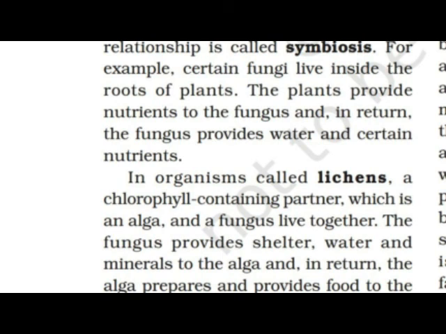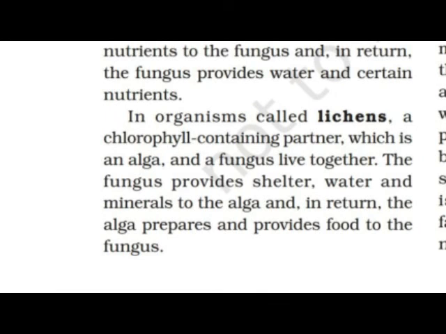The fungus provides shelter, water, and minerals to the alga, and in return, the alga provides food which is prepared by photosynthesis. It means the alga helps the fungus, and the fungus helps the alga. They both help each other.